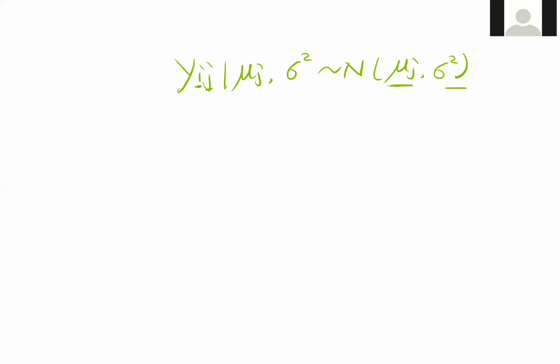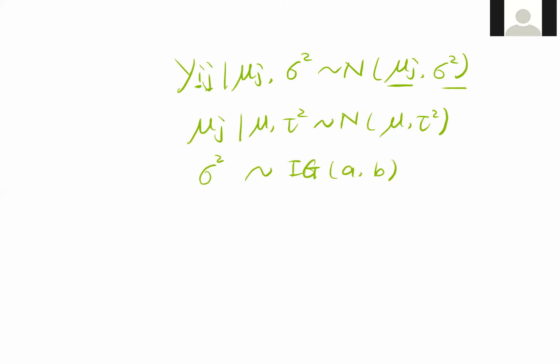And then the hierarchical model was mu j given mu and tau square is normal with mean mu and variance tau square, right? And then lastly, for sigma square, we put an inverse gamma. I forgot the parameters, but let me use A and B for now, okay? So this is a hierarchical model. We didn't derive it in class, but if you were to derive it, you can still get all of the full conditionals.